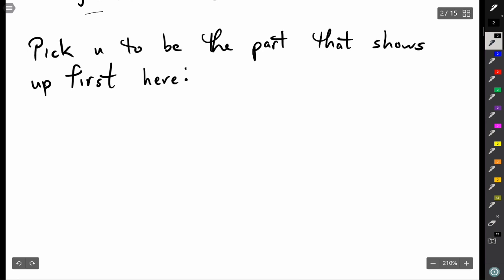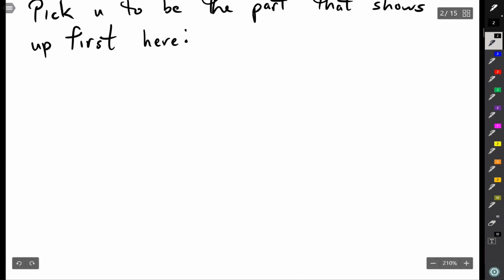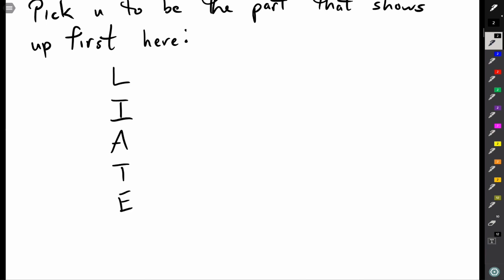This acronym is a 5-letter acronym, and it tells us different types of functions. So I have L, I, A, T, E. This is how I learned it, and how it's always been in my mind: L-I-A-T-E.